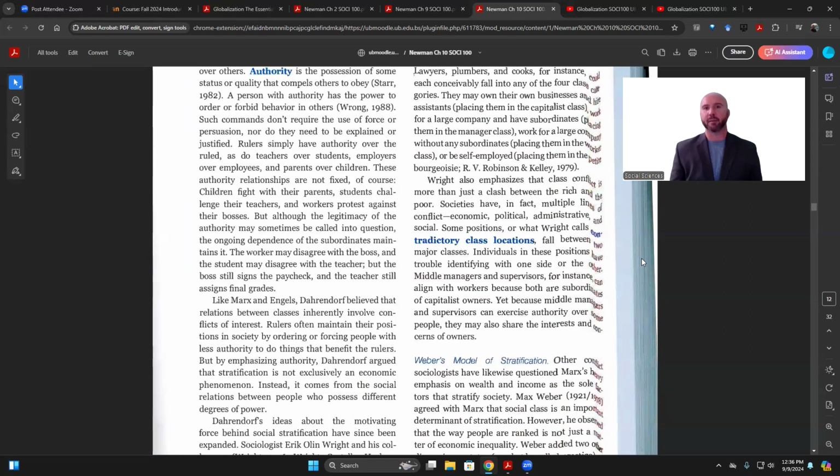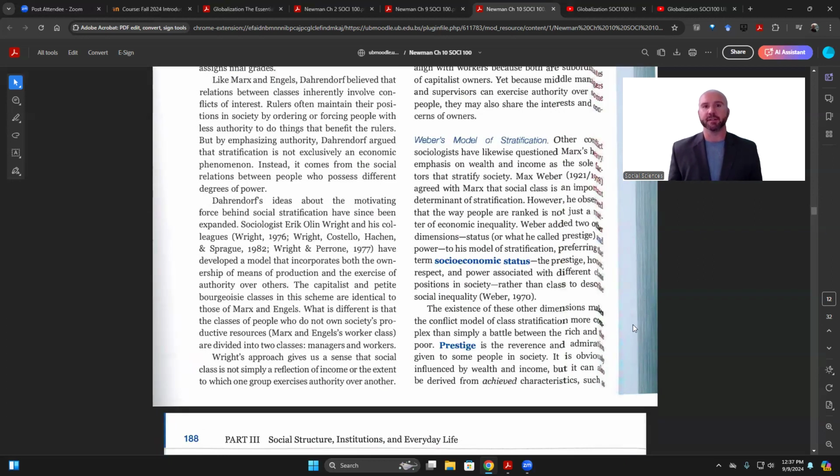So being a supervisor, a manager, or even being a stockholder or a high paid physician in which you have high income, high wealth, high prestige, but relatively little power to influence other people. And also think about government bureaucrats who have high incomes and high power and authority, but they don't own any means of production. So that's one reason why neo-Marxian models had to be developed.